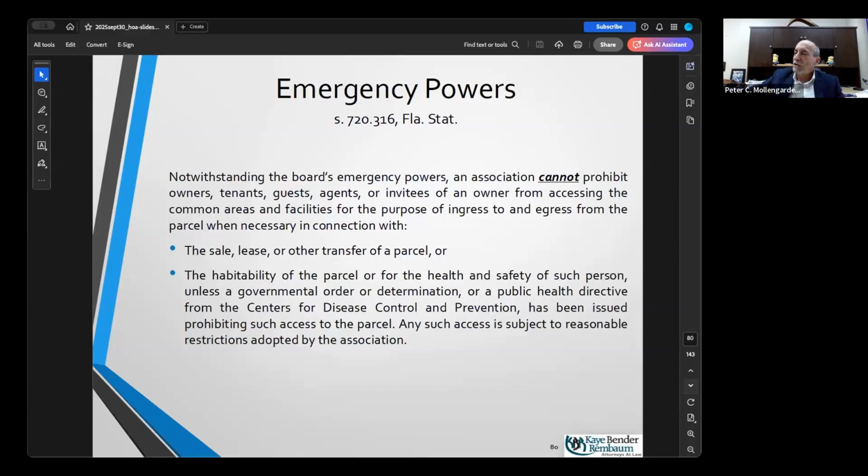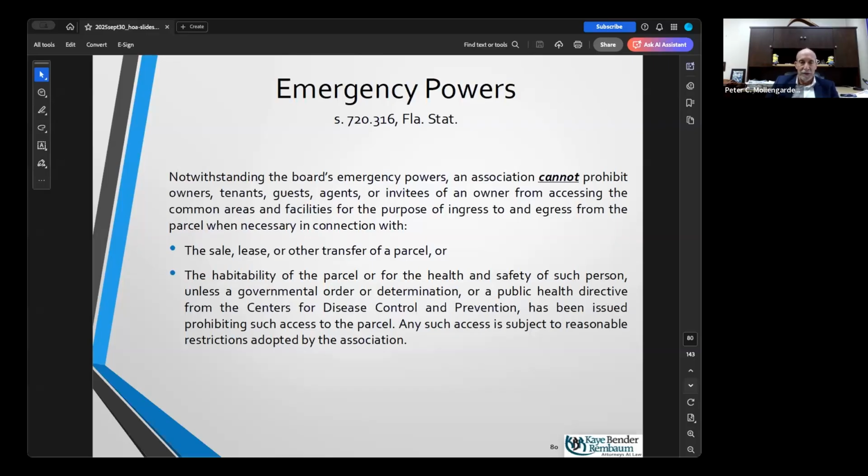Now, what can't you do even under those powers? You cannot prohibit owners, tenants, guests, agents, or invitees from accessing the common area and facilities for purposes of ingress and egress from the parcel when necessary in connection with the sale, lease, or other transfer of the parcel. We had a lot of this come up during the pandemic about, are real estate agents allowed in?